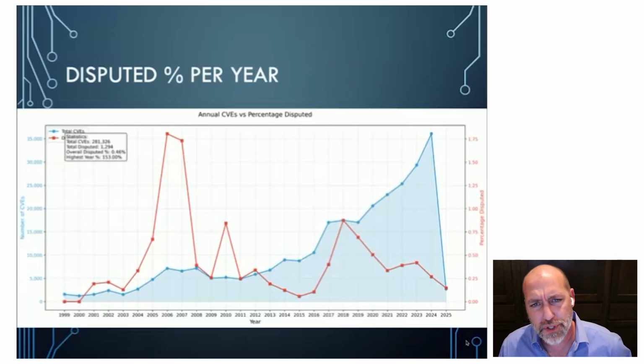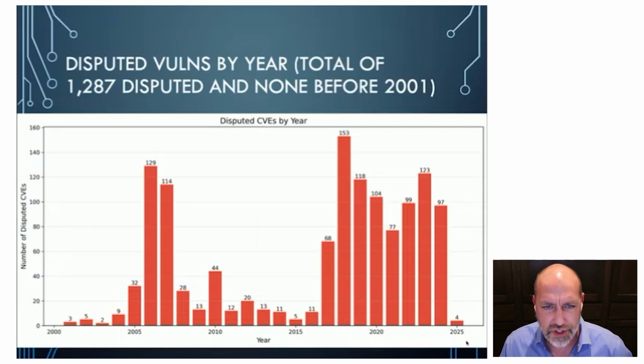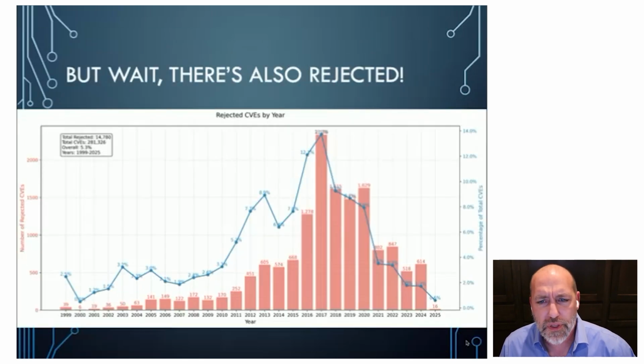And the disputed percentage over years seems like it spiked and then went down. From the back channeling I've got about this, it seems like this was a thing that they wanted to focus on, and then they decided there's better ways to do it. So I was looking for other ways to do it. This is the population over time. But there's also a rejected flag as well. And I think rejected is probably going to take over disputed.